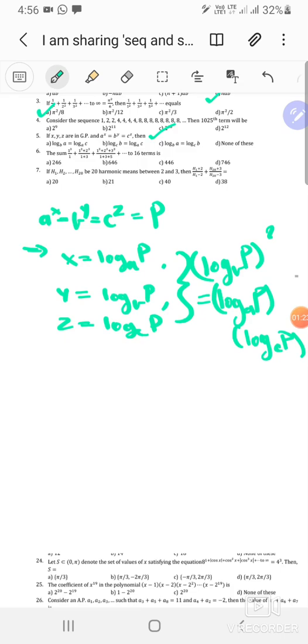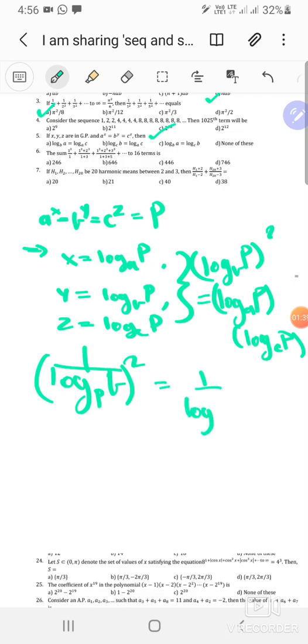Now you can use the change of base rule to write it as, the reciprocal, sorry: 1 upon log base p of b squared is equal to 1 upon log base p of a into 1 upon log base p of c.